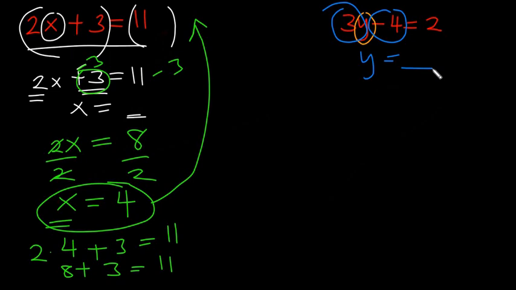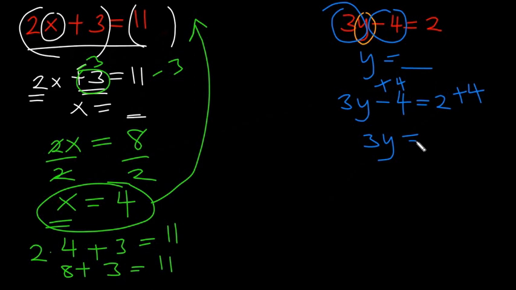Let's start by eliminating 4. Let me write it afresh. We have 3y minus 4 is equal to 2. I want us to first eliminate the negative 4, and to do this, we're going to add 4 to both sides of the equation. On the left hand side we have negative 4 plus 4, which is 0, so we're only going to have 3y.